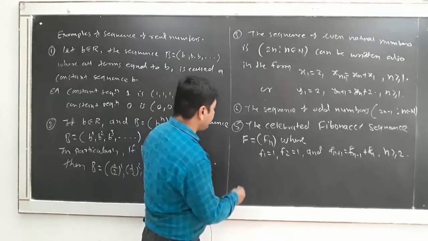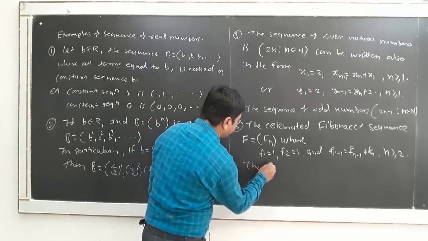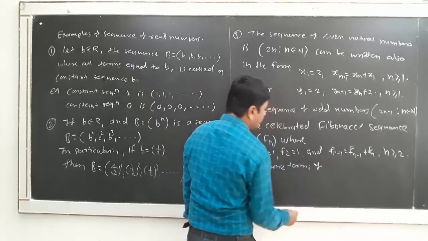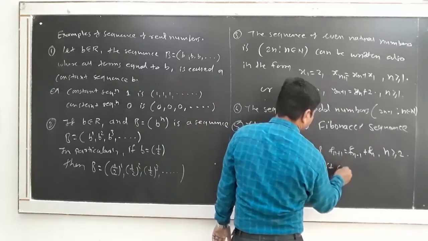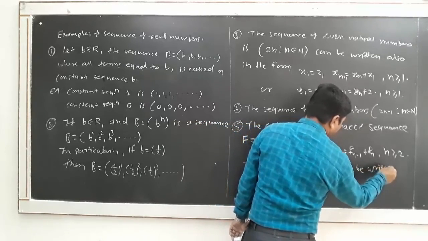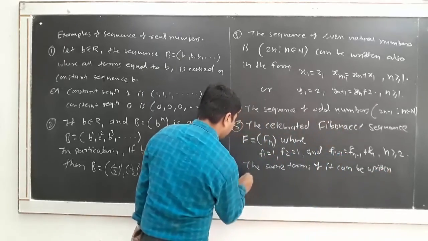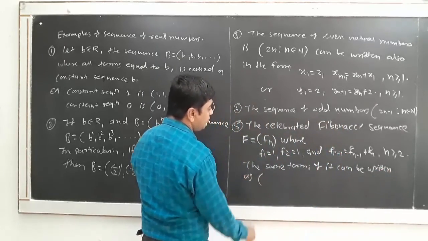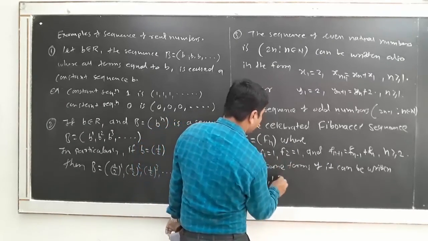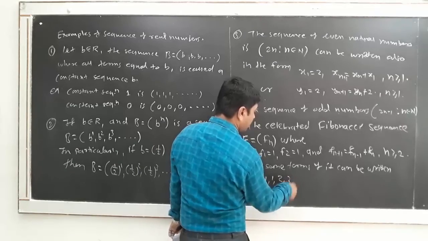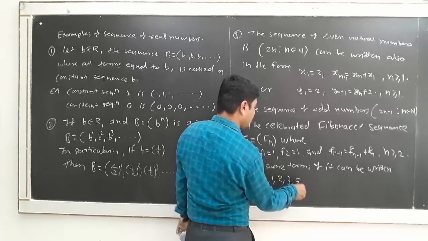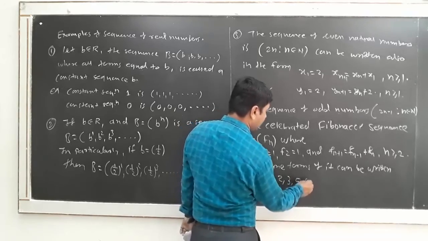Some terms of the Fibonacci sequence can be written as: first term is 1, second term is 1, then 1 plus 1 is 2, 2 plus 1 is 3, 3 plus 2 is 5, and 5 plus 3 is 8.